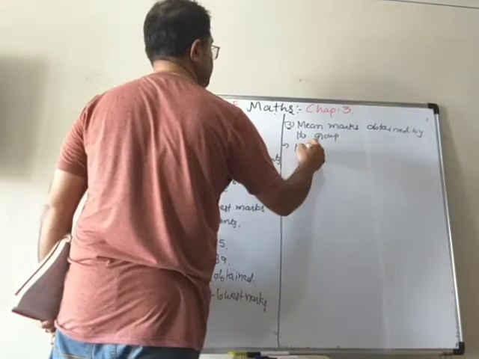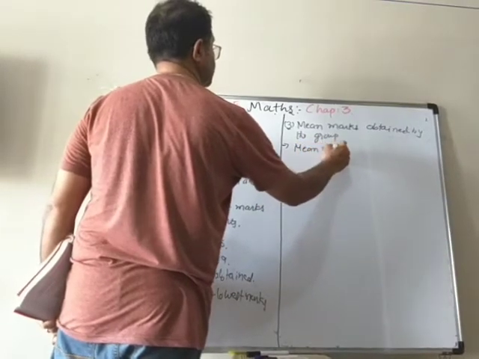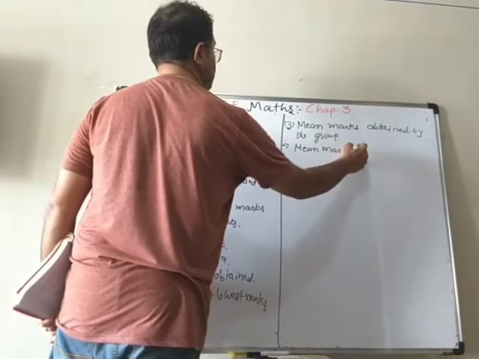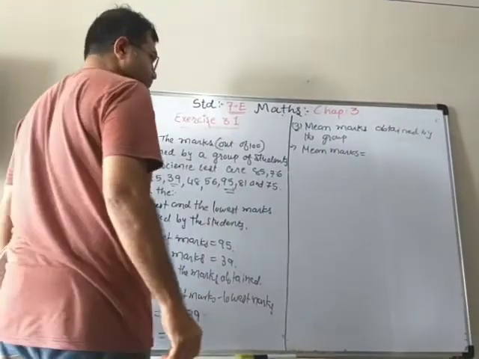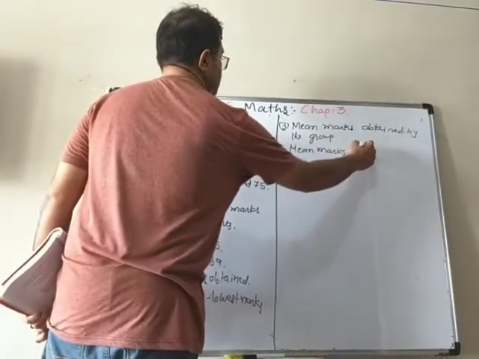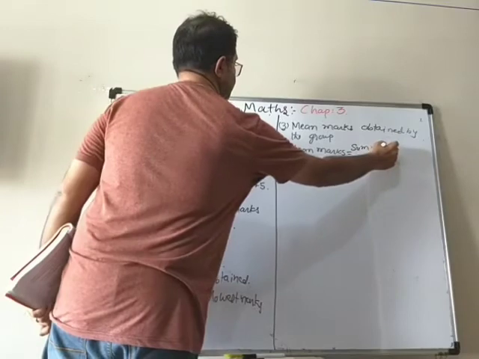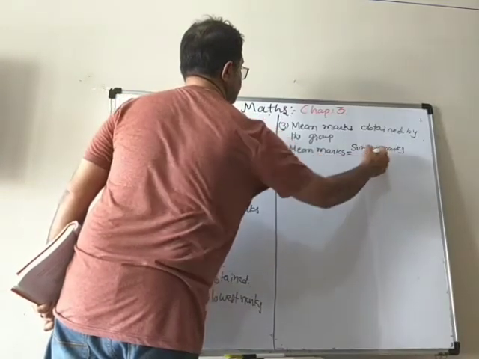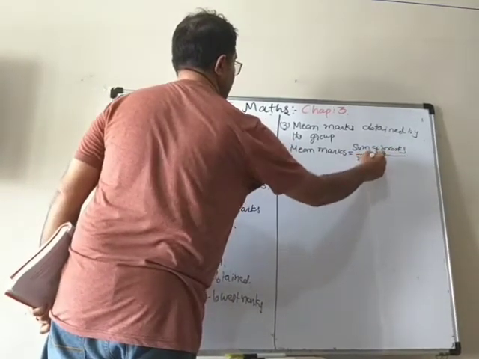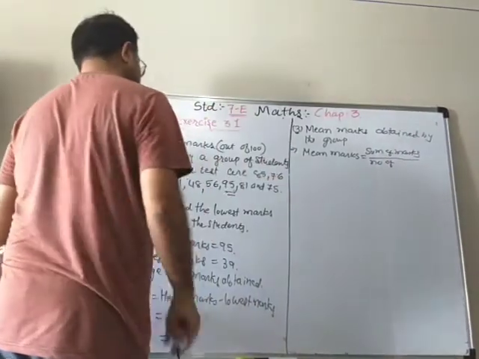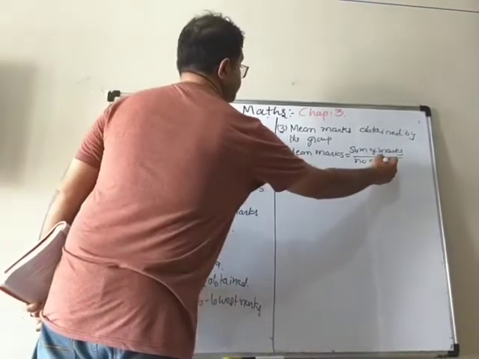So now we know that mean marks is equal to sum of marks divided by number of students.